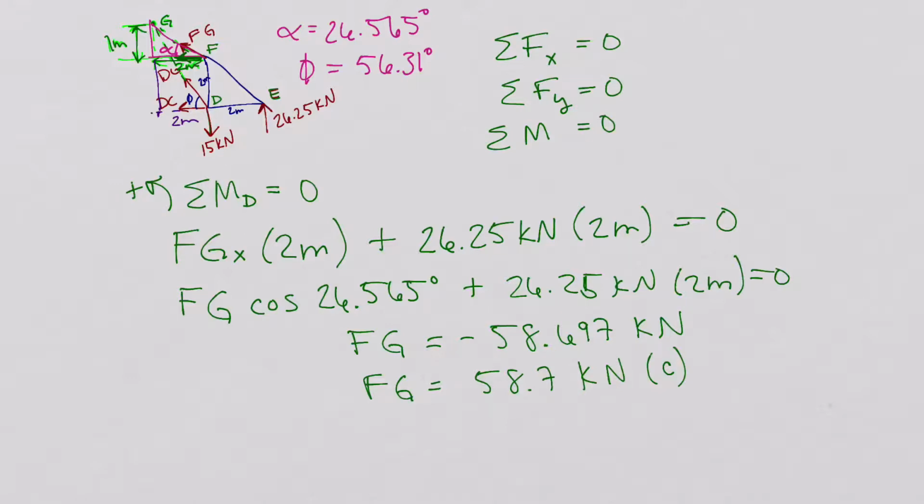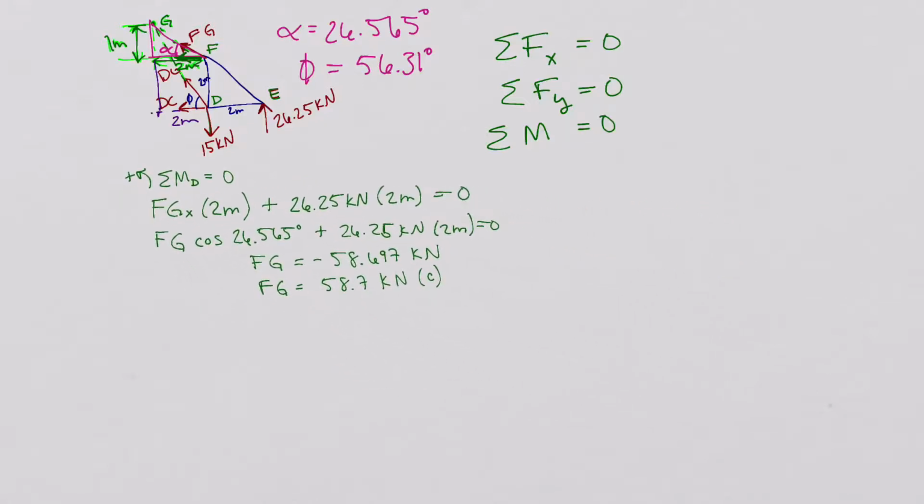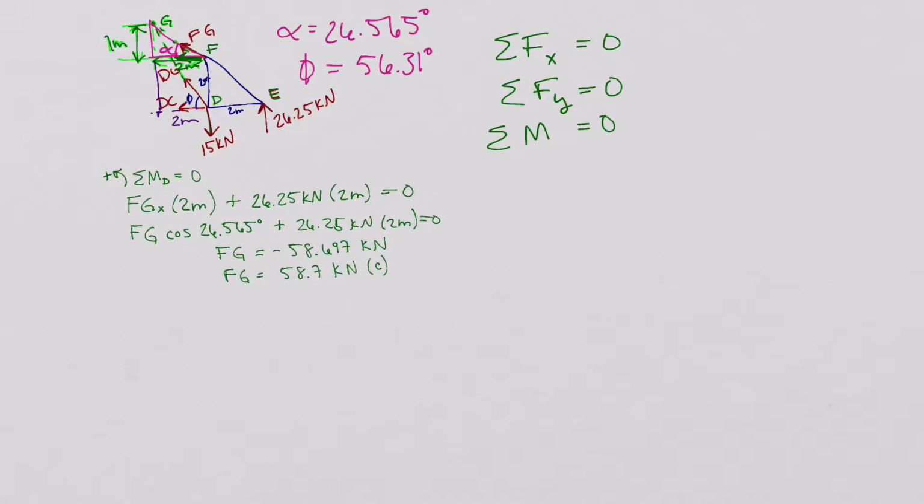So I'm actually going to shrink that down so I have more space. So we're going to sum the forces in the y direction equals 0. We're doing up as positive.